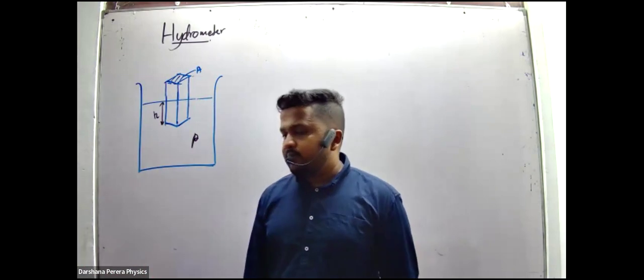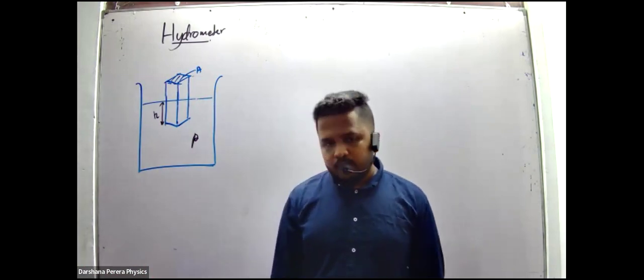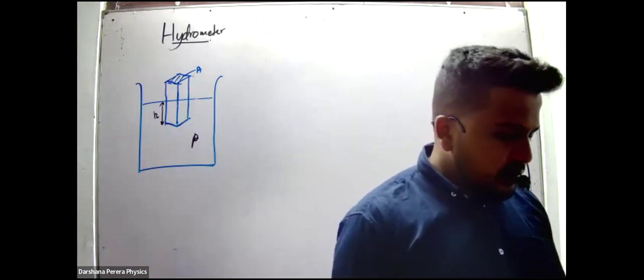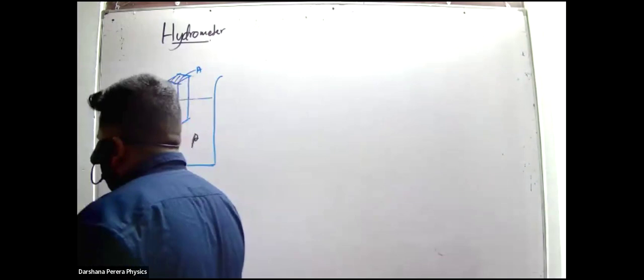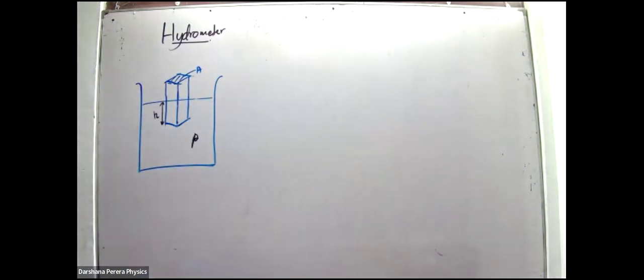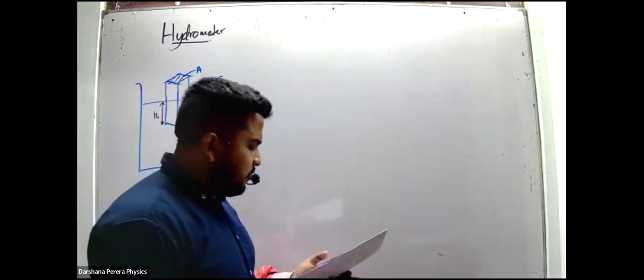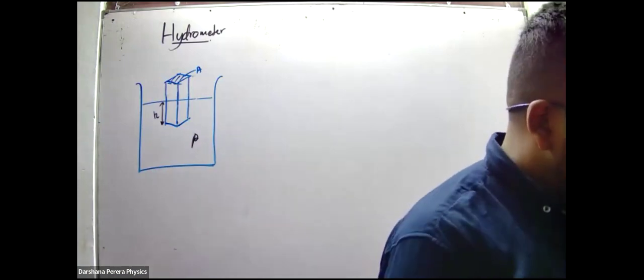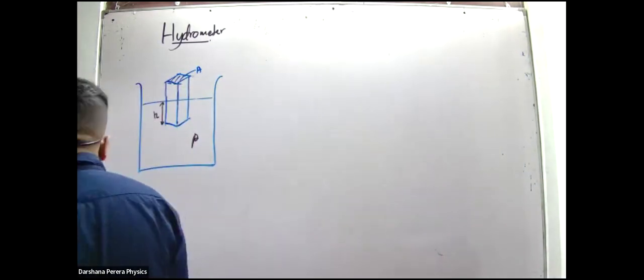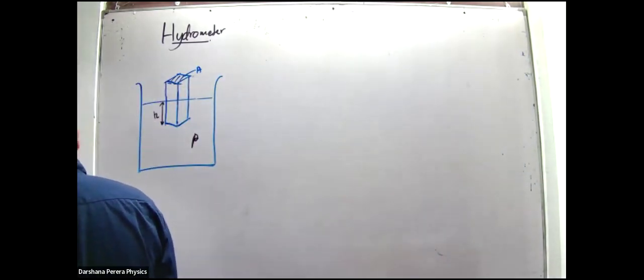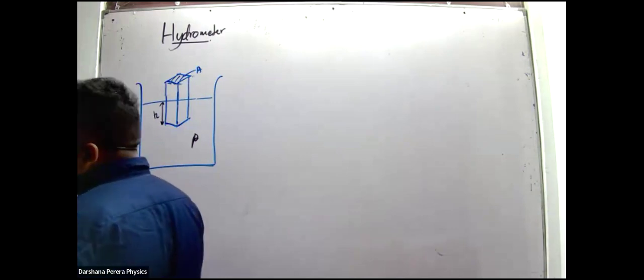When it is in stationary position, consider the cross section as capital A. The density of the liquid is rho. And the floating height as symbol H. Right.